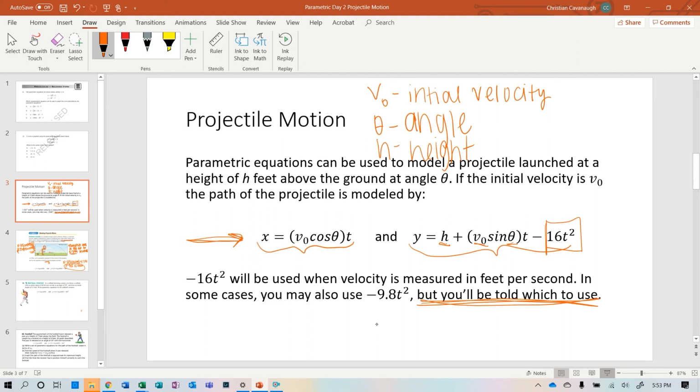Also, remember you'll typically be using the negative 16t squared for gravity whenever you're given it in feet per second. Sometimes you may also use the negative 9.8 t squared for gravity whenever you're given the information in meters or in metric units. And so that's about it.